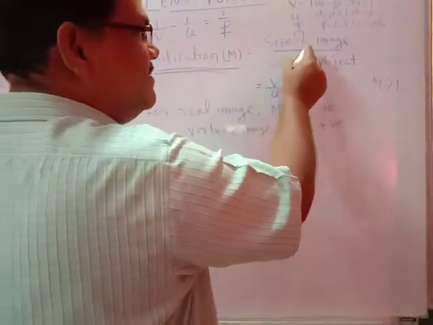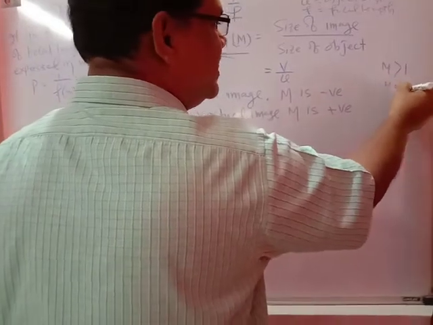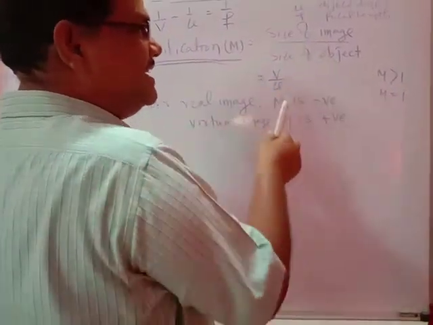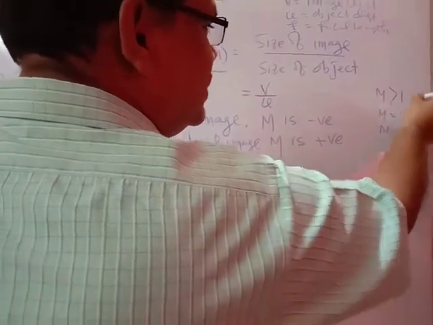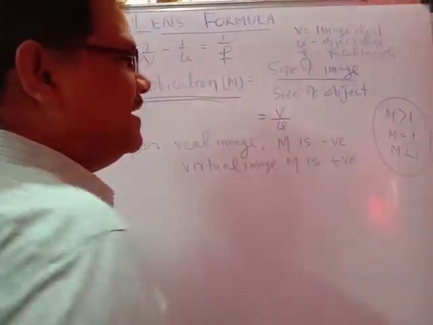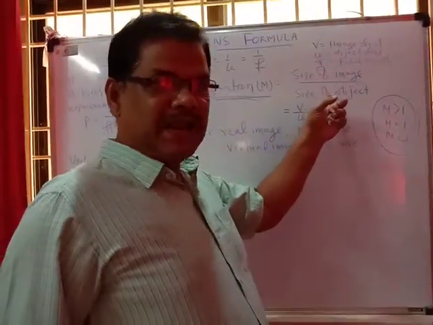If the size of the image is equal to the size of the object, then M is equal to 1. If the size of the image is less than the size of the object, then M is less than 1.